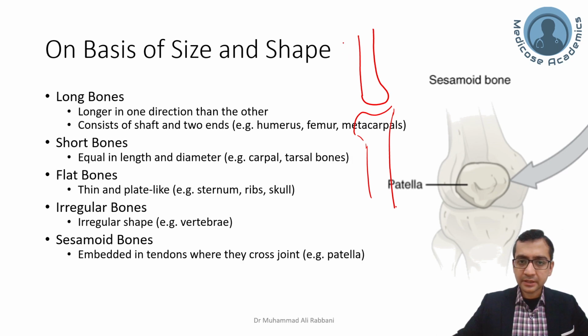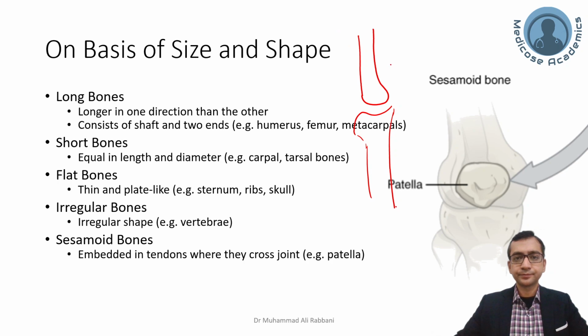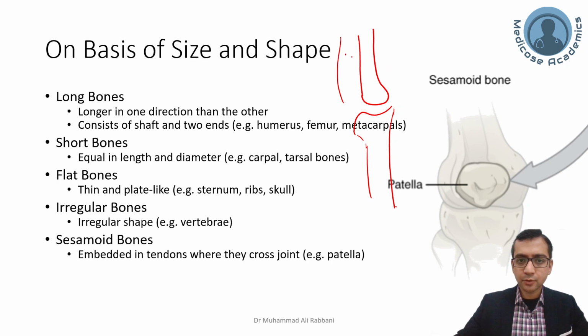So if there is a muscle that is all the way here that is going to be inserted on the tibia, you can well see that it may not be in a very ideal position to move the tibia anteriorly.